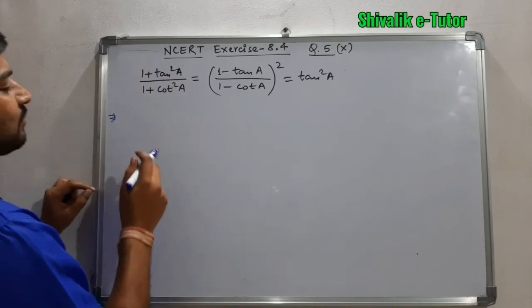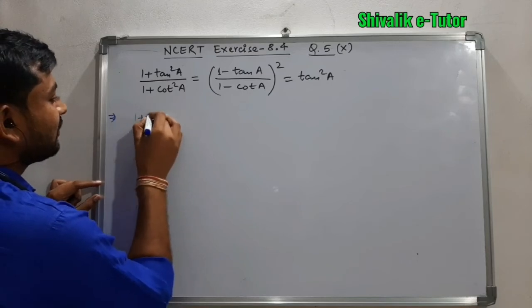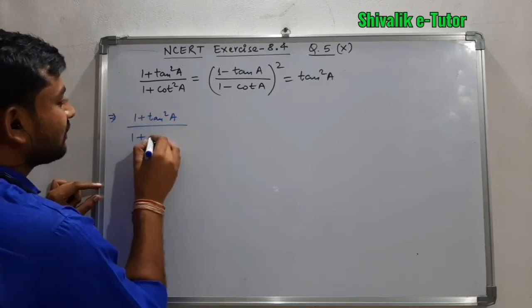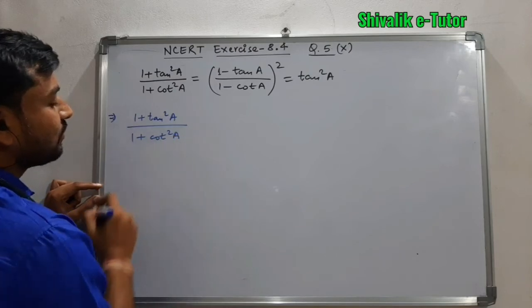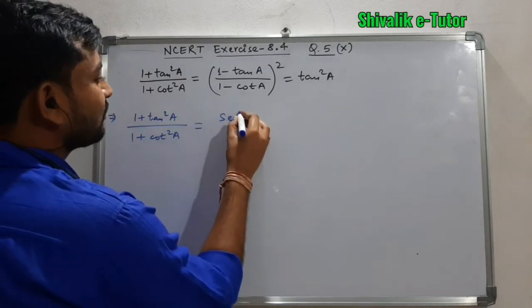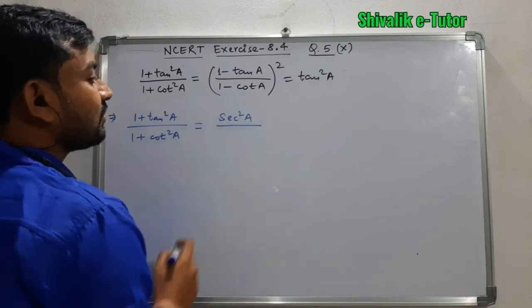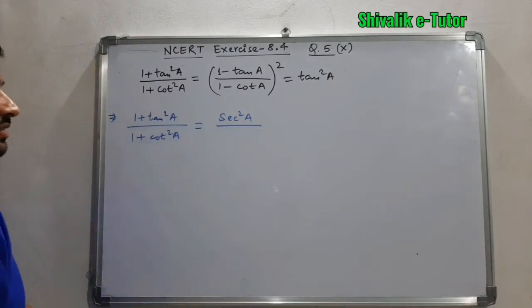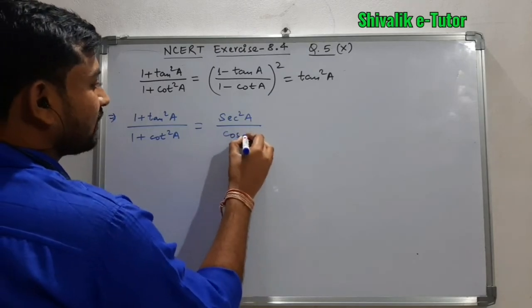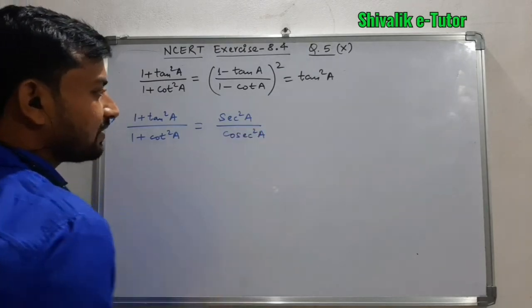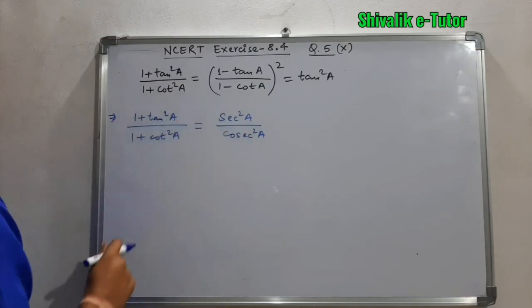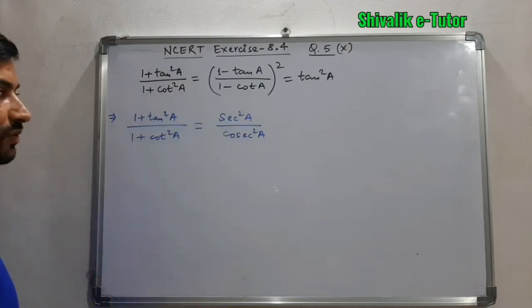The first expression is 1 plus tan square A upon 1 plus cot square A. Clearly 1 plus tan square A is sec square A from the trigonometric identity, and 1 plus cot square A is cosec square A from the third trigonometric identity. So 1 plus tan square A is sec square A and 1 plus cot square A is cosec square A.